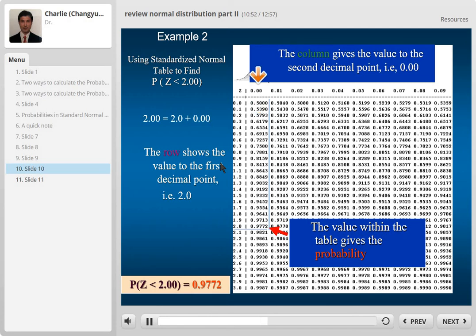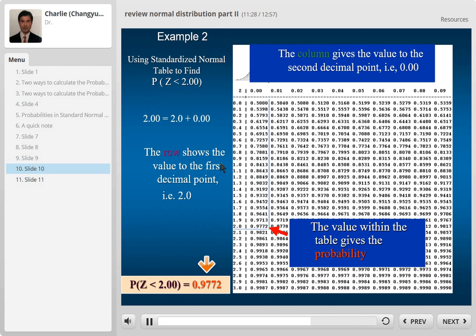So now we have 0.00 here. We go to the cross of this 0.00 column and the 2.0 row here. This column and this row cross at this point, which is 0.9772, and that is the value for z smaller than 2.00, which is 0.9772.